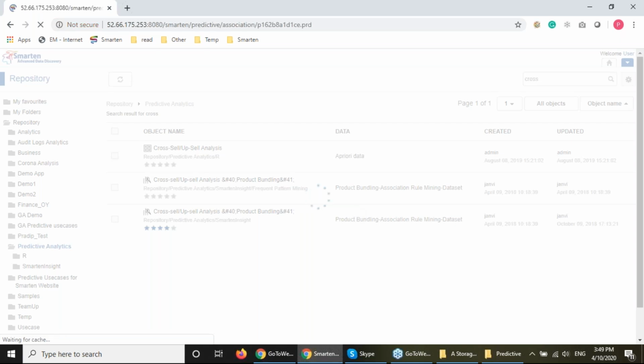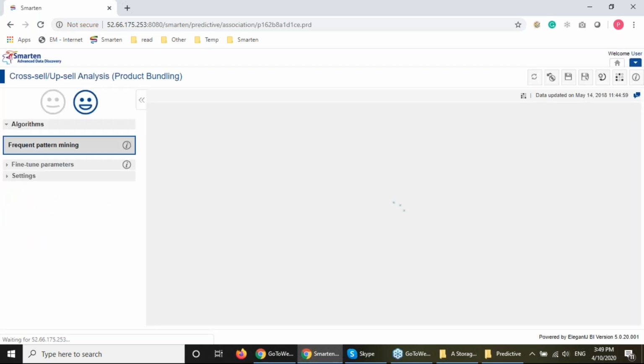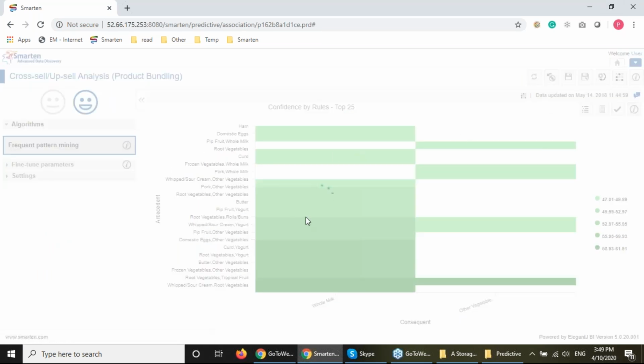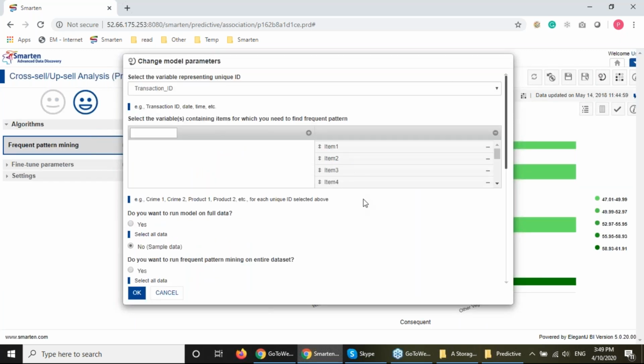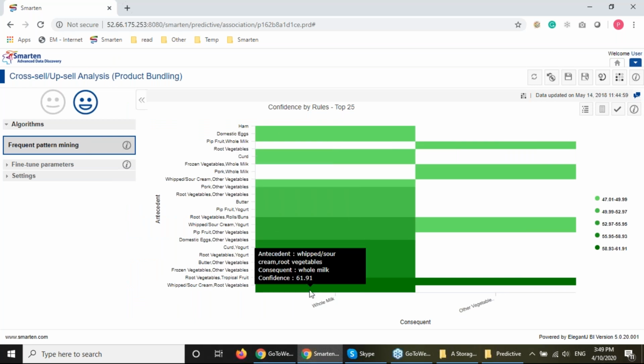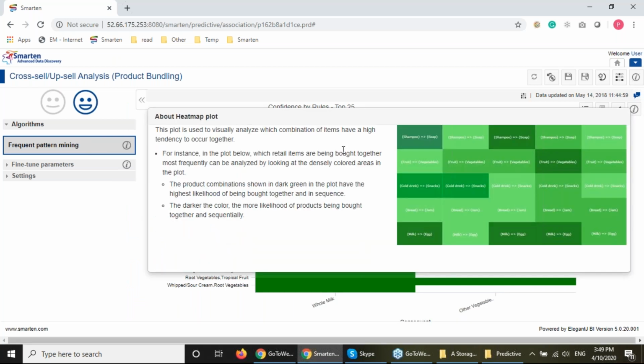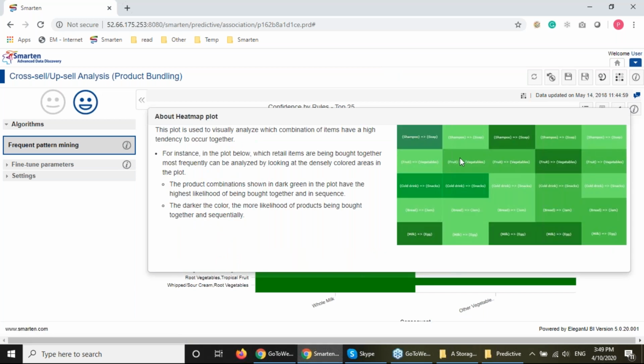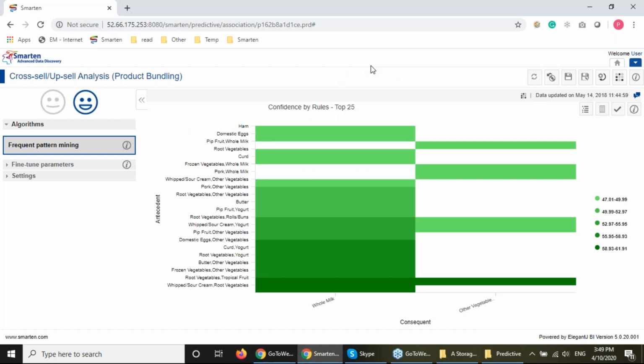You pick up the invoice number, and in each invoice, how many products were there. You choose those products in the data and you choose the transaction ID. And here you can see it finds the relationship. It builds the product mix on its own. The explanations are also given here about each and every visualization and model.